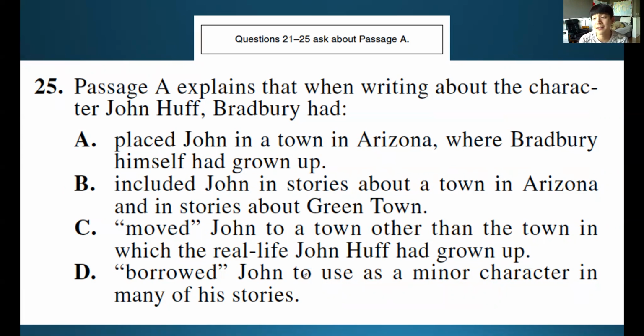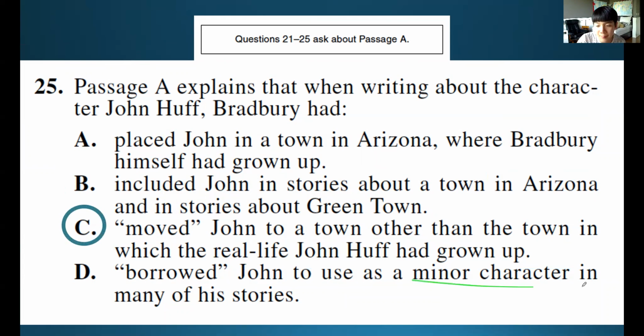No, he's probably not seen his childhood friend since his childhood. In his mind, it's kind of like the recollection of his grandparents' farm. In his mind, he's moving John Huff to another location. So what's the answer? Well, he's moving John Huff to another town, so in his mind, he's imagining what would happen if John Huff had lived in that other town, right?